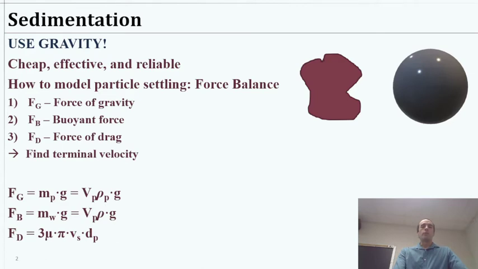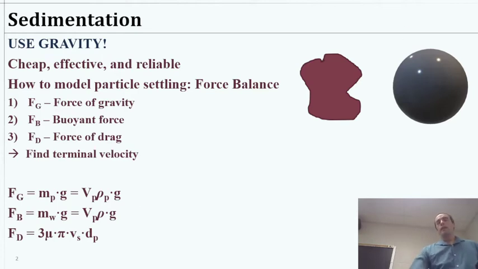I'll tell you a little bit about some of the alternate scenarios or empirical tests in practice: how do we measure or predict sedimentation? But we can do some nice calculations if we make these assumptions.